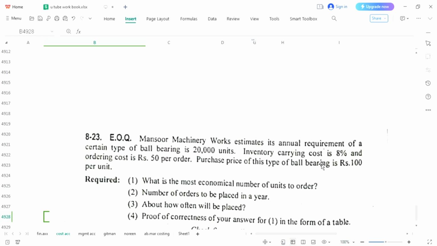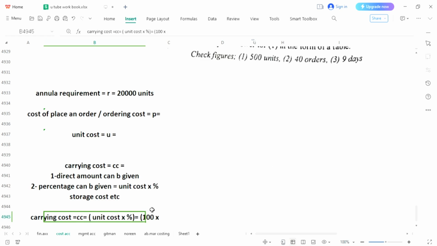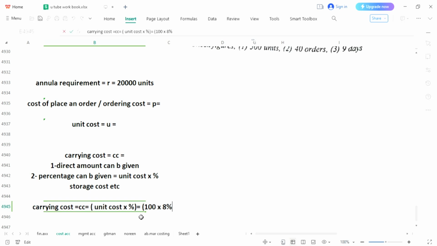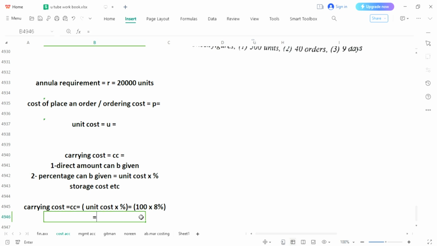Percentage was 8%, so just put down 8%, after which you will be able to calculate it. Simple as this, you will take 100 and multiply it with 8 divided by 100.